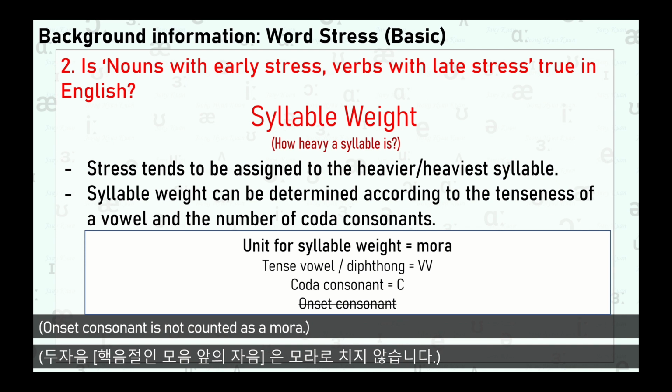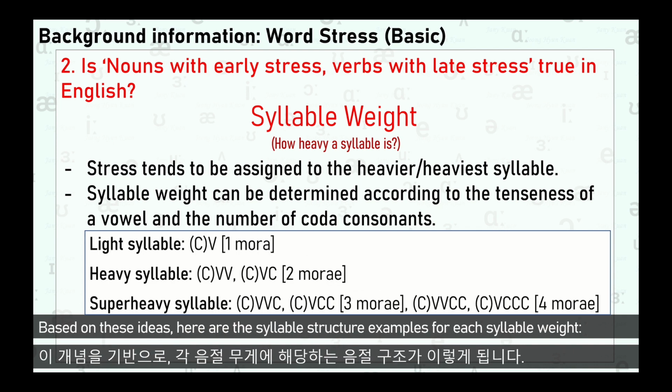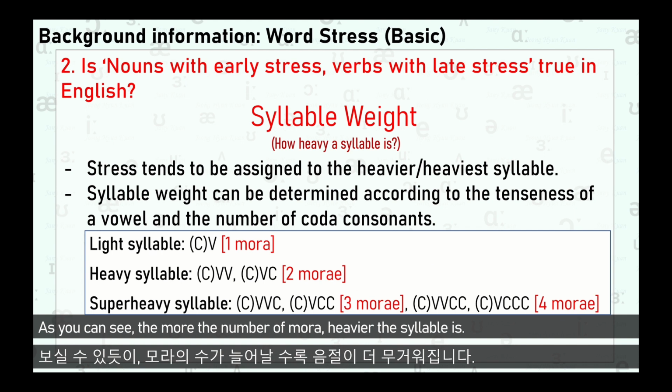Onset consonant is not counted as a mora. Based on these ideas, here are the syllable structure examples for each syllable weight. As you can see, the greater the number of morae, the heavier the syllable is.